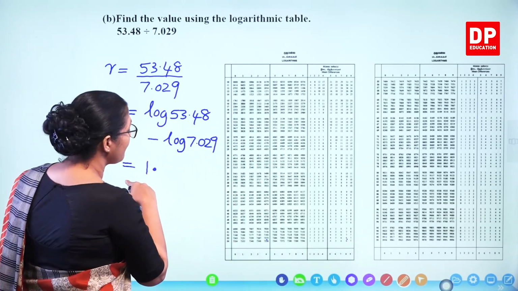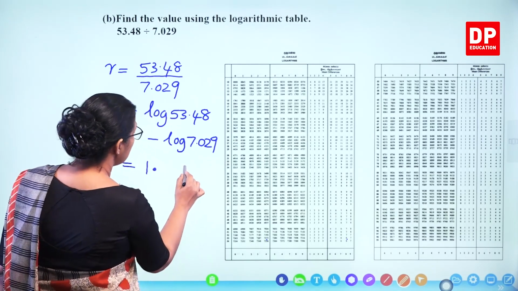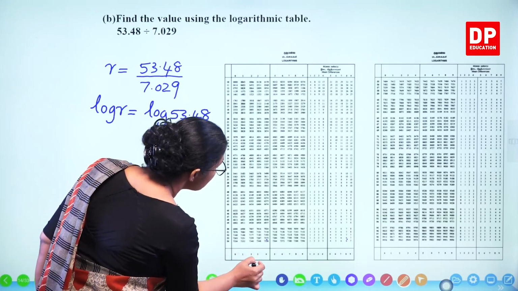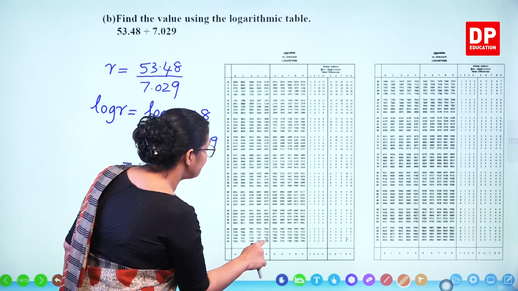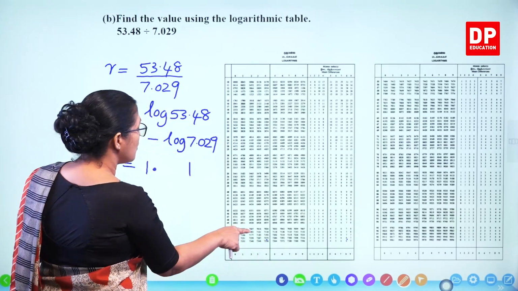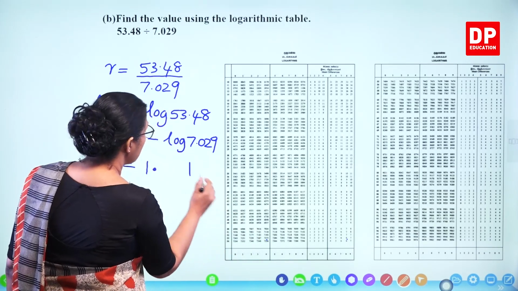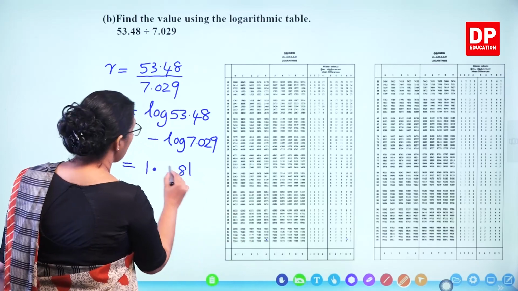So you get 1.7275. So when you are adding 6, you get 8 here and 7, 2.